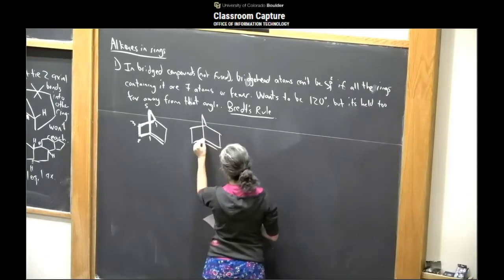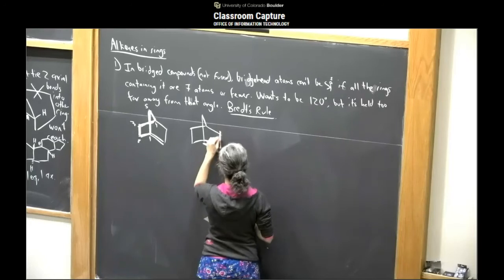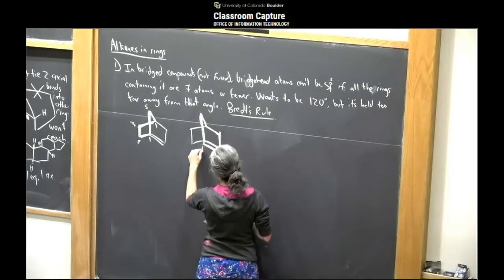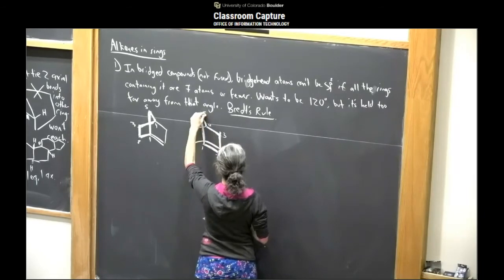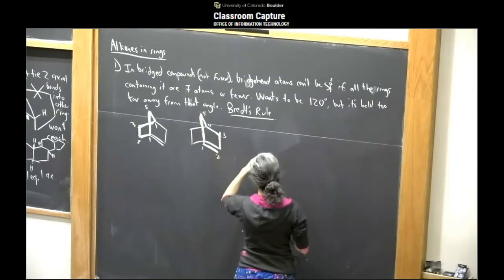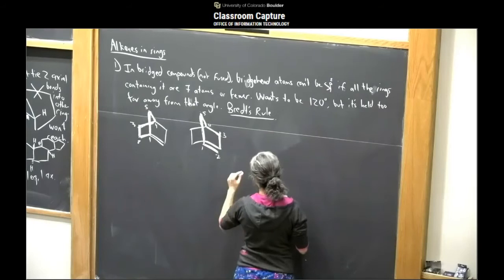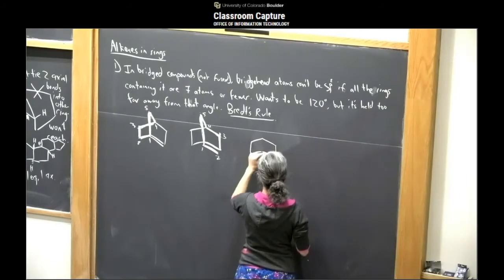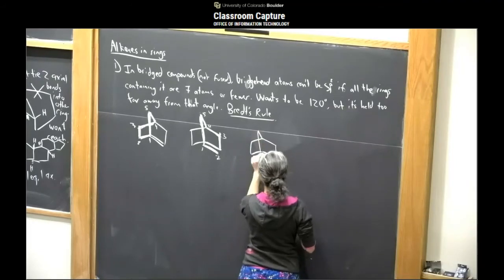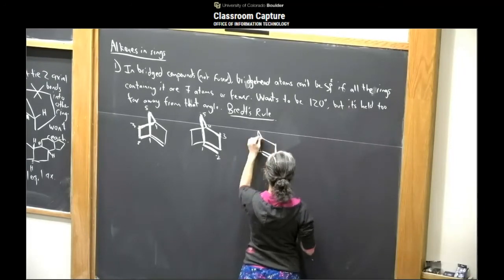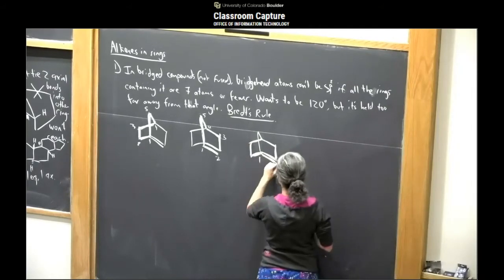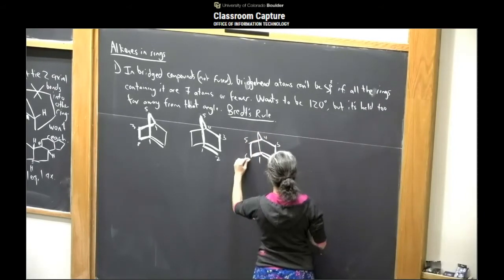If I look at this ring on the right side, again, I got 1, 2, 3, 4, 5. Or I could try to go for the ring containing the 2 bottom bridges. So like 1, 2, 3, 4, 5, 6.